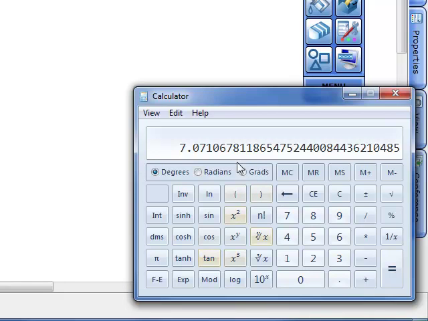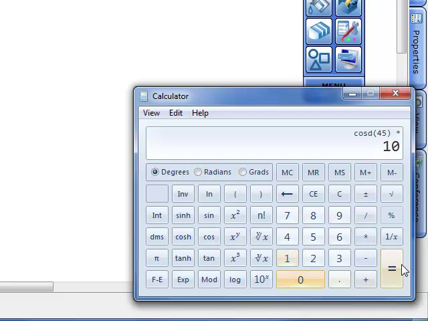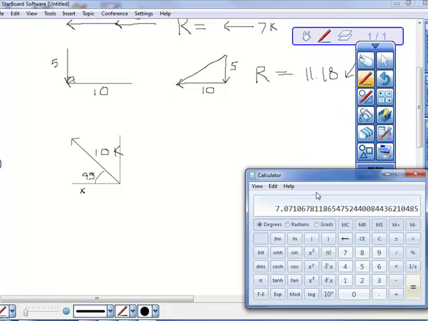But if you wanted to check it out, you would say cosine of 45, right? Yeah. Well, no, it's not the same. You put a 5 instead of 45. Oh, I did, okay. 45 cosine, there we go, times 10 equals 7.07.